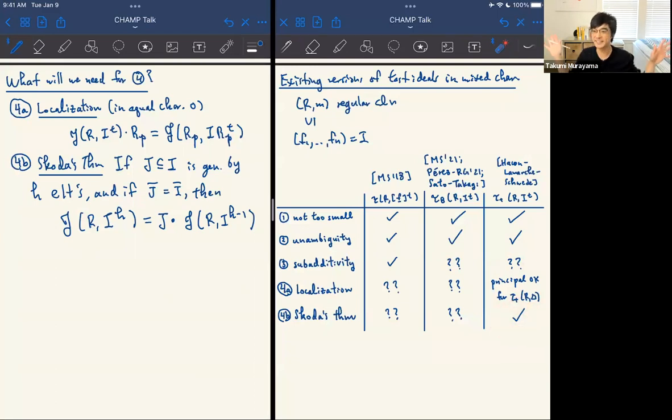Okay, so now that you see the landscape of test ideals, what you might notice is that there's no single column that has all check marks. So this tells you that none of these are sufficient, at least to prove the main theorem alone.